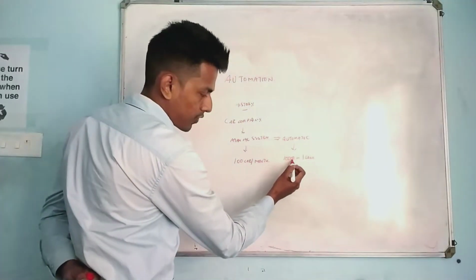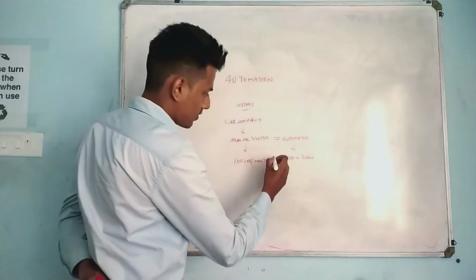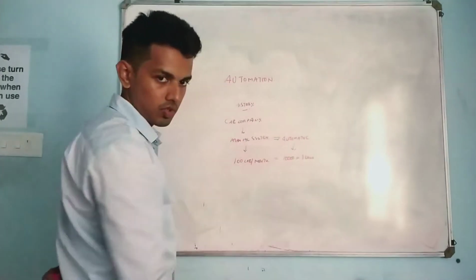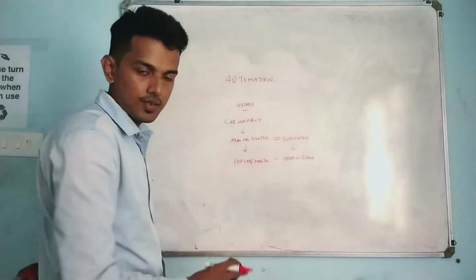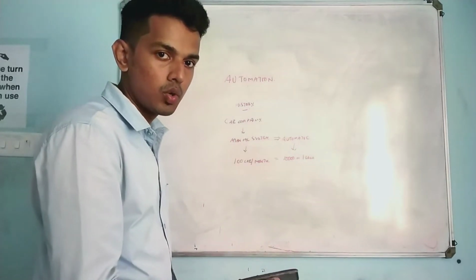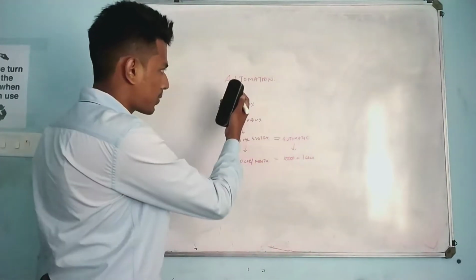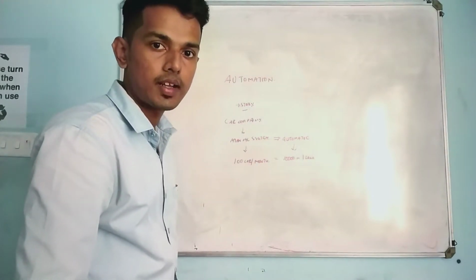So see the difference, from 1000 it changed to 1 lakh. How? By using this automation. So after the Industrial Revolution, when population was increasing and industries began to grow, the companies thought of a process to change from a manual system into an automatic one.